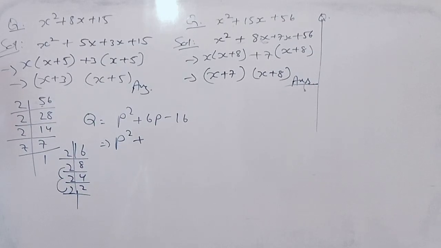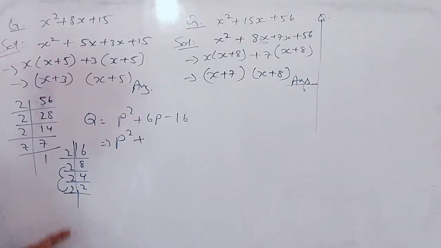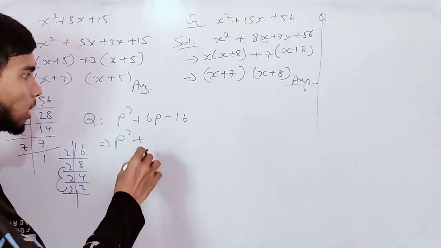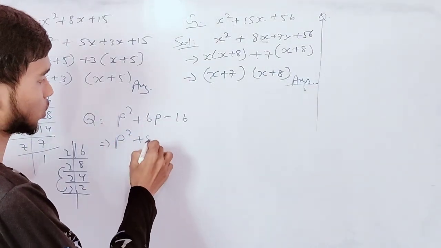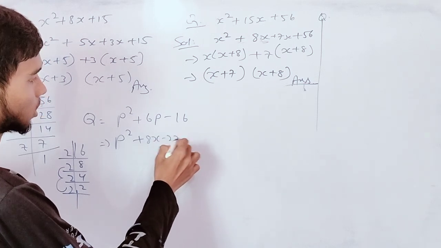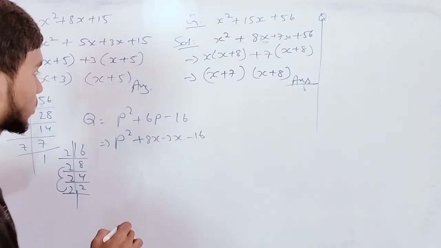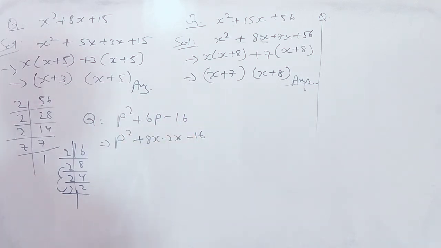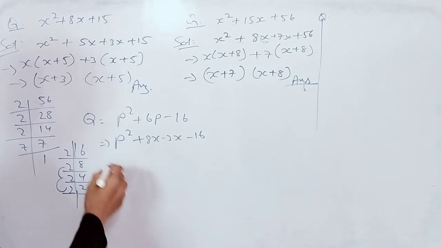Yes, this is the correct question. Now here, 8 minus 2 will provide 6p. So 8p minus 2p. It is correct. Clear. And 8 twos are 16. So it is giving us 16.